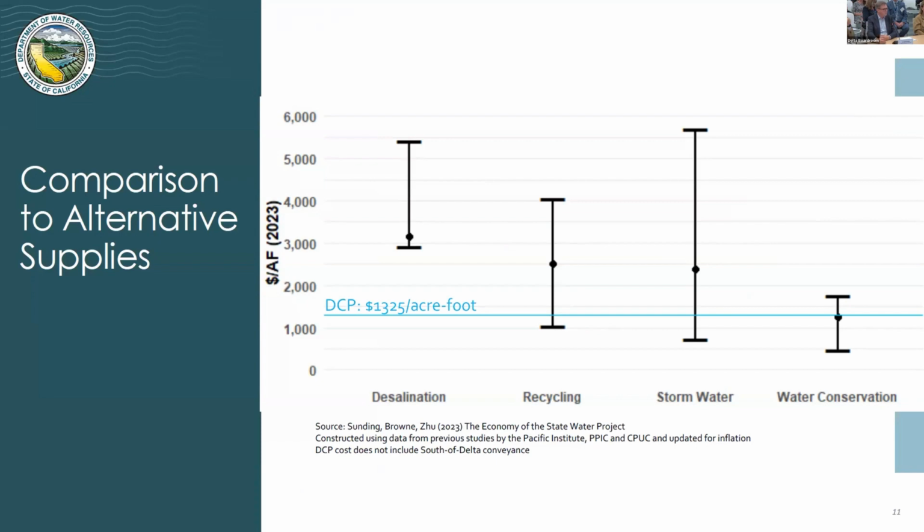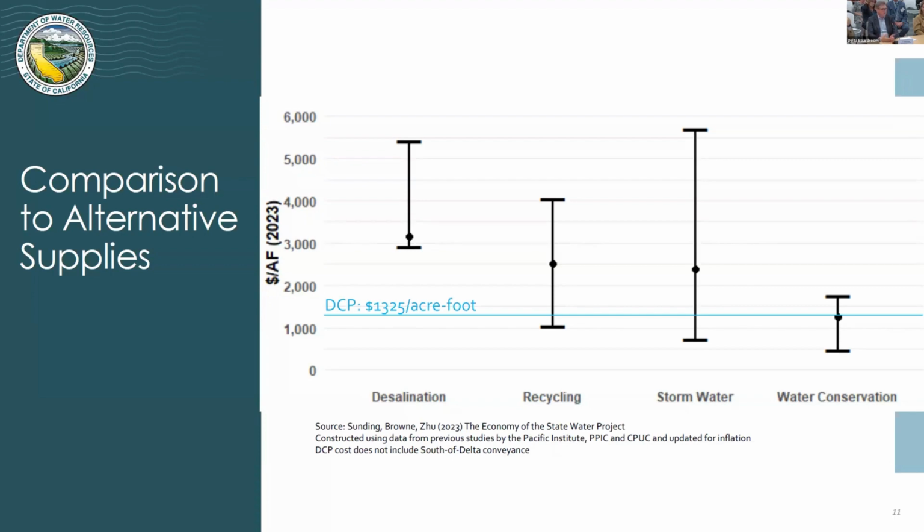Well, couldn't we fill that gap with alternative water supplies instead of the DCP, right? It's a reasonable question to ask. And our conclusion is that even if that were technically possible, and there are questions about whether or not there is 570,000 acre feet of local alternatives available, they're quite a bit more expensive than the DCP.